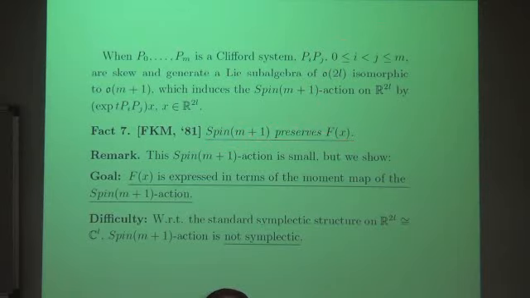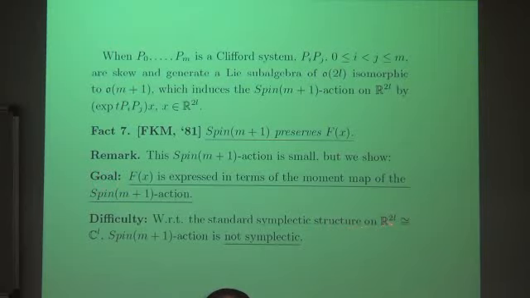But this is a small subgroup of this large group. So the action is not transitive, of course, in general. However, we can express the Cartan-Münzner polynomial in terms of only this spin action. This is the goal of this talk.